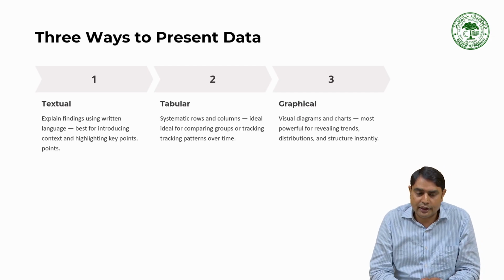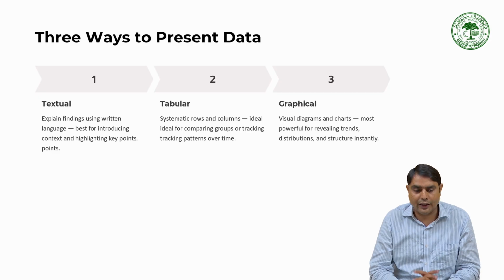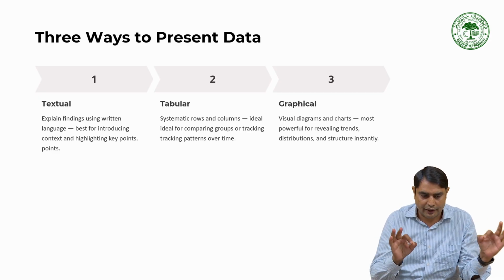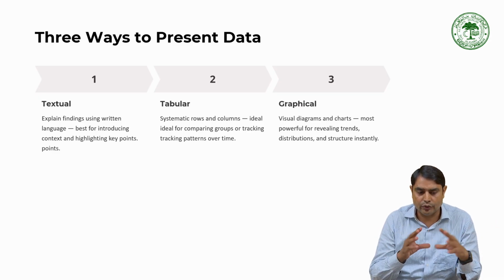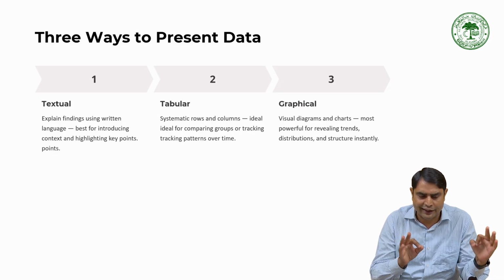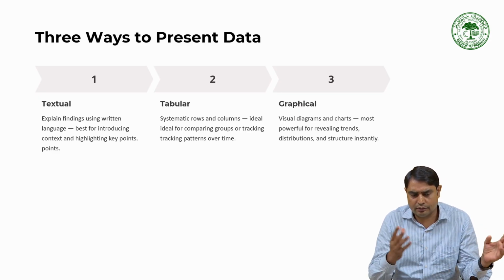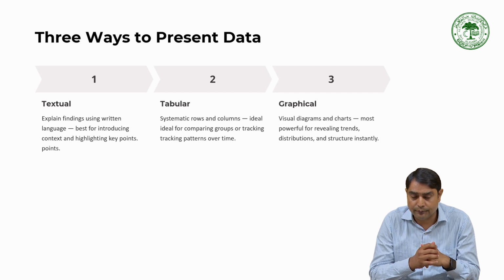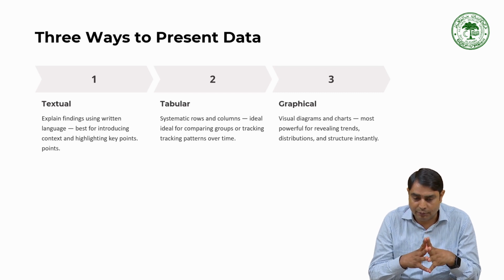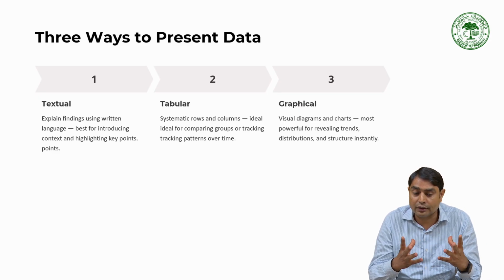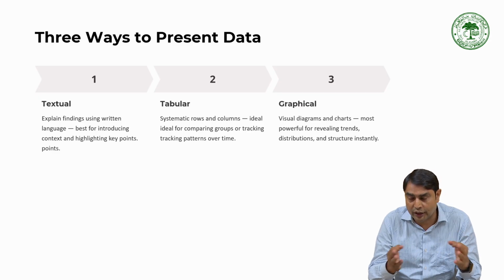There are three ways to present the data. The textual form, where you are preparing written language and explaining the findings in words, is best for introducing the context and highlighting the key points in your data. Then tabular presentation, which is presentation of data in systematic rows and columns, is ideal for comparing groups or tracking patterns over time.